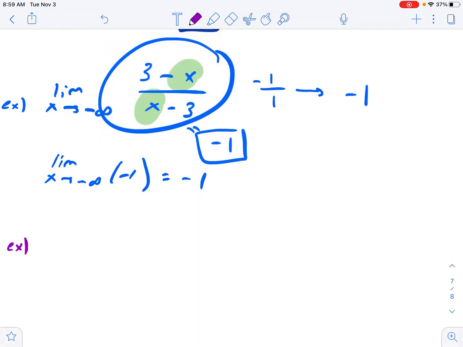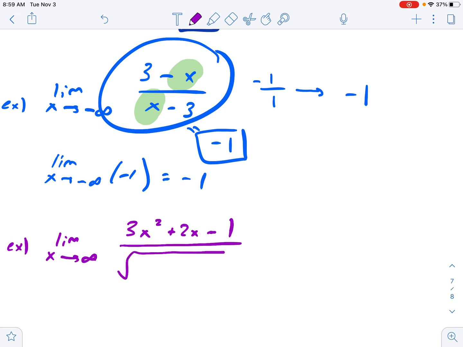Okay? And let's take a look at the limit as x approaches infinity of something like 3x squared plus 2x minus 1 over the square root of 16x to the 4th minus 3x cubed plus 2. Okay?